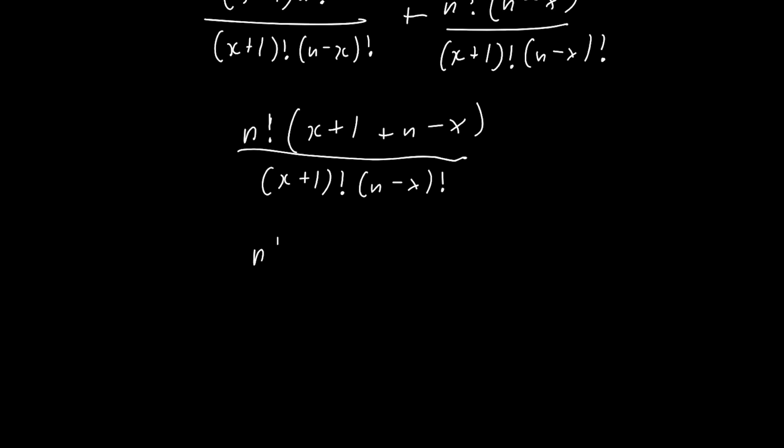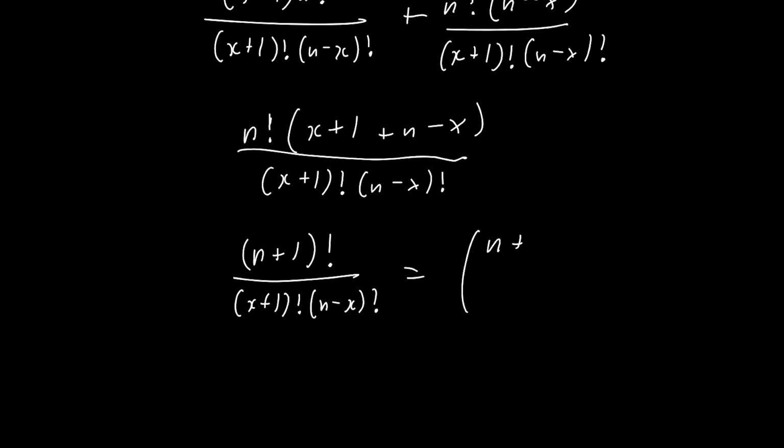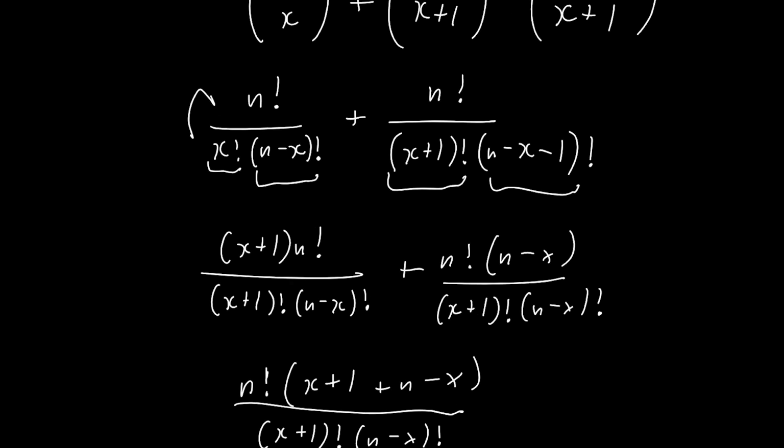So we just get n factorial lots of n plus 1, which can be rewritten as n plus 1 factorial. So we have n plus 1 factorial on the top, and x plus 1 factorial, n minus x factorial on the bottom. And this is just n plus 1 choose x plus 1. So there you go, that's the identity all proved nice and nicely.